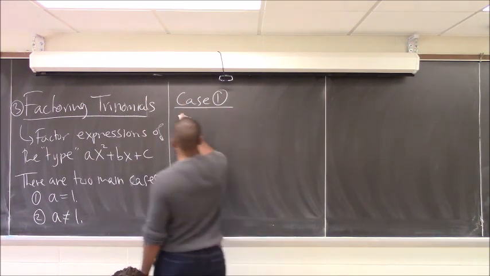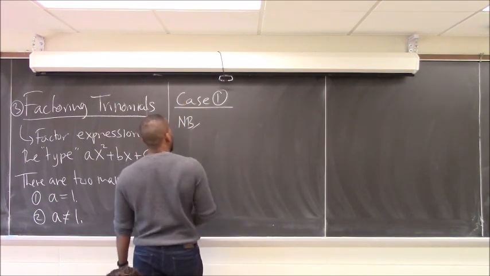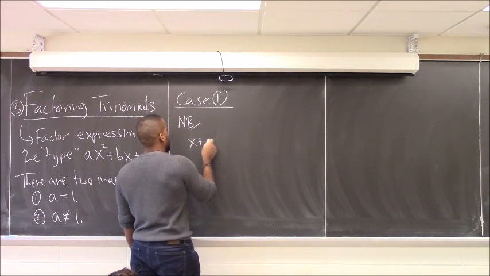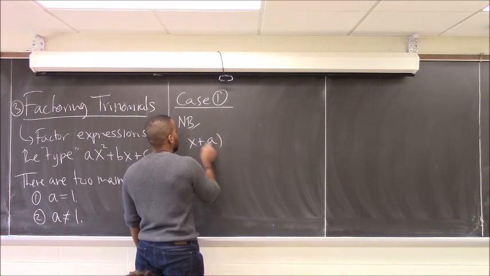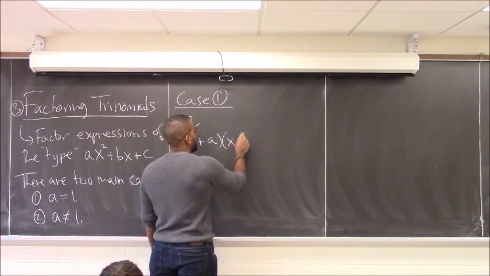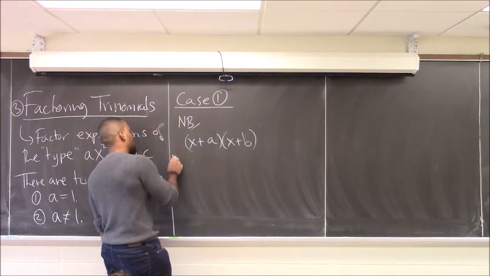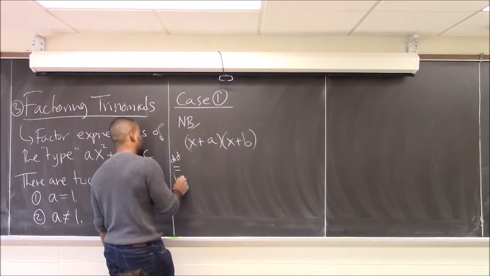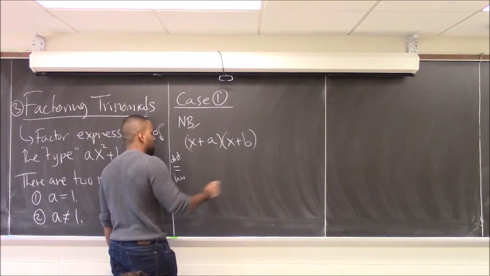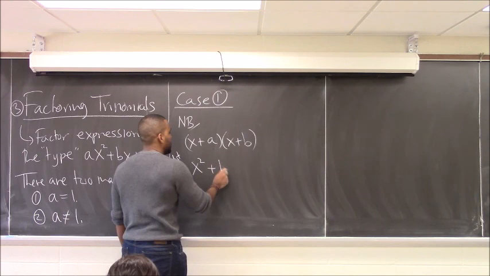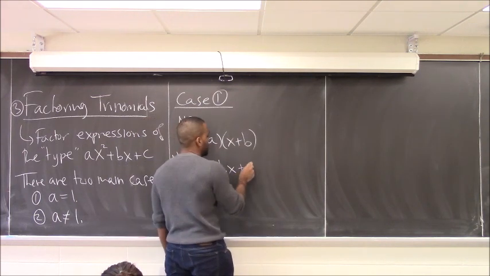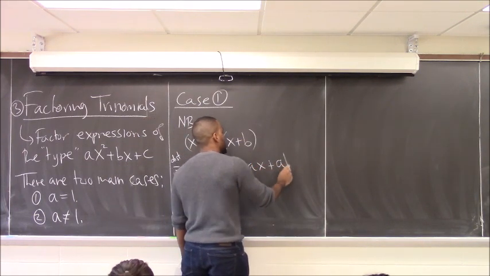Now case 1 takes you noticing a certain pattern. If you have x plus a times x plus b, then we can apply the distributive law. Multiply everybody out, so that would be x squared plus bx. Multiply everyone out, that's ax plus ab.